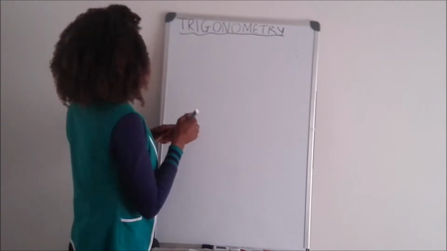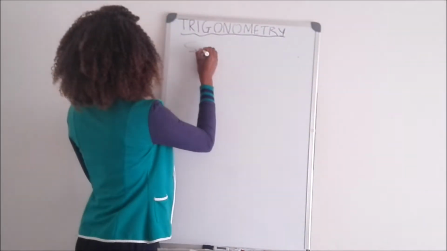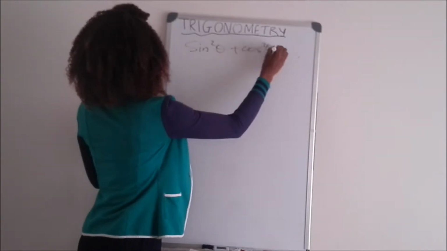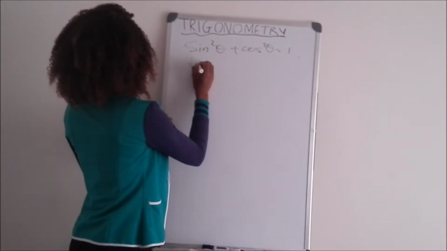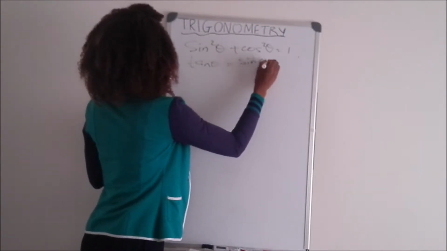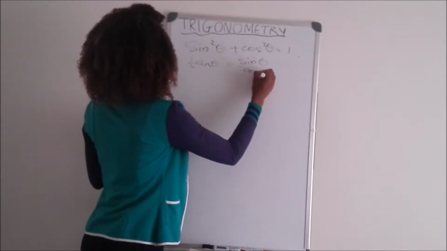The first identity is sine squared theta plus cos squared theta is equal to 1. And the second one is tan theta is equal to sine theta divided by cos theta.